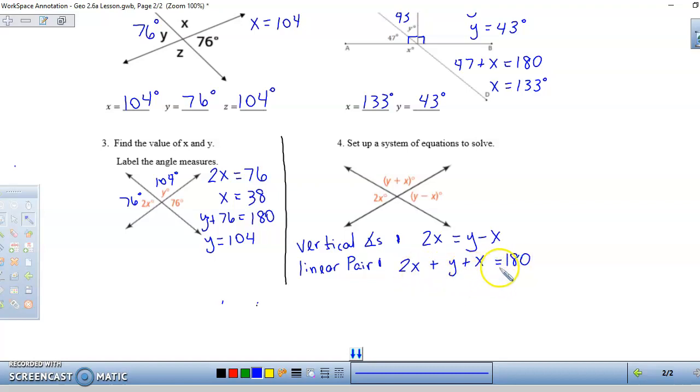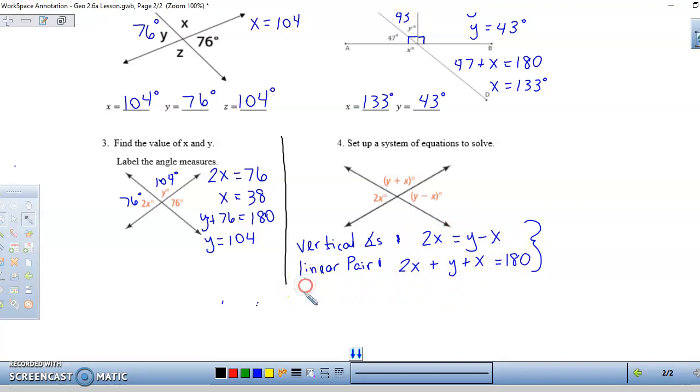Okay, notice that that also has two variables in it, but that's fine because when we have two equations and two variables, this becomes a system of equations that we can solve with substitution or elimination. So my first step, there's x's and y's everywhere and it's not in any good form.